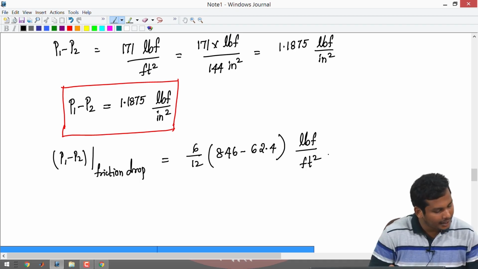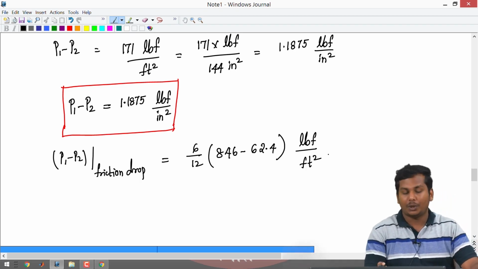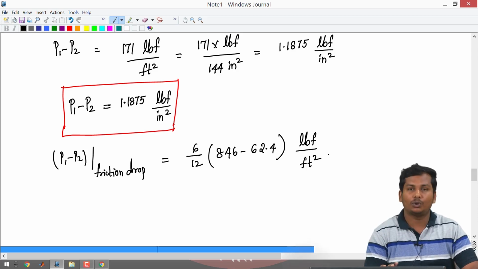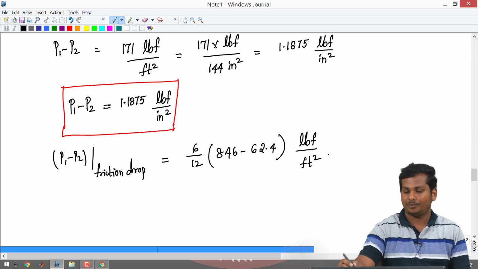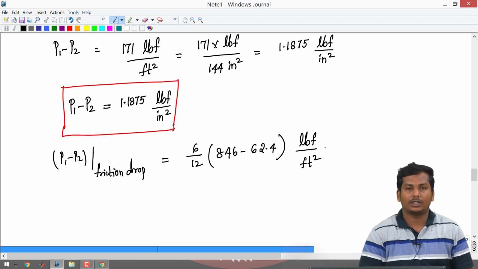Does the manometer reading correspond only to friction drop? No, the manometer reading corresponds to both friction drop as well as the gravitational height. So, that's about the problem.